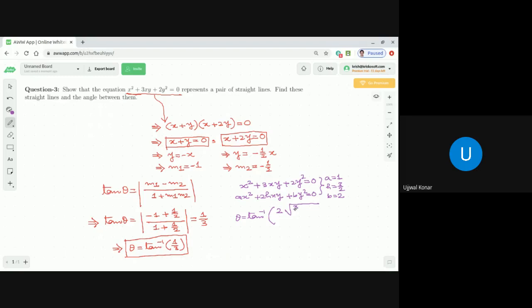That means 3 by 2 whole square minus ab, minus 1 into 2, divided by a plus b, that is 1 plus 2. So from here if you simplify it, then also you will get tan inverse of 1 by 3. So there are two ways you can find it out. So that is equal to tan inverse of 1 by 3.